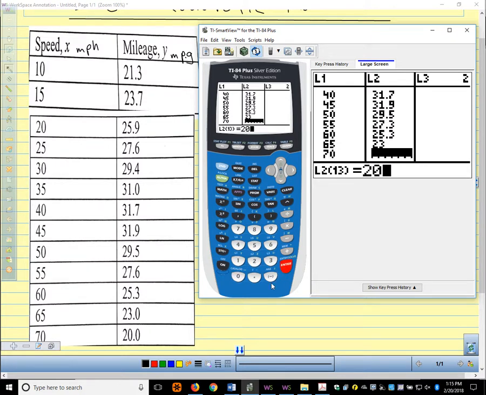So we have our x data in list 1, y data in list 2.